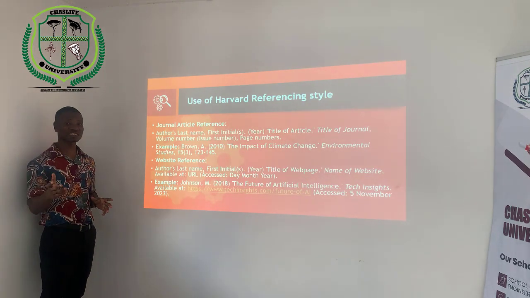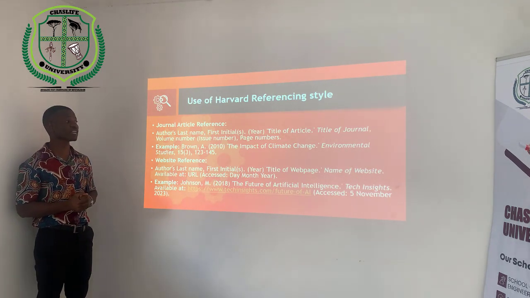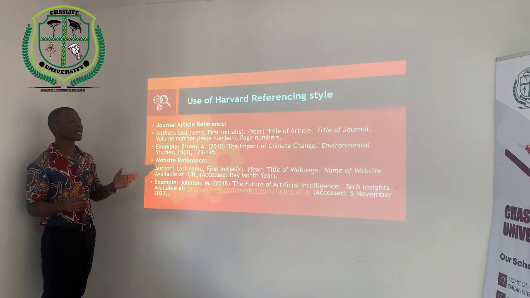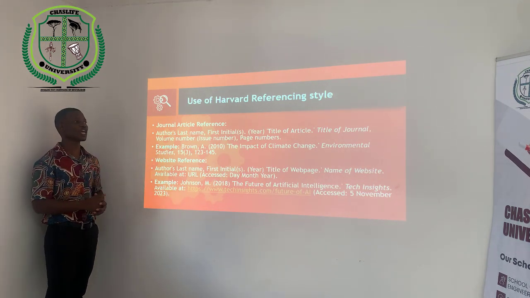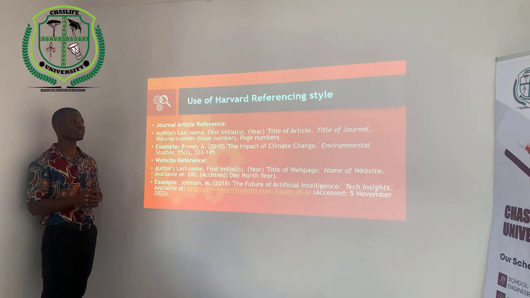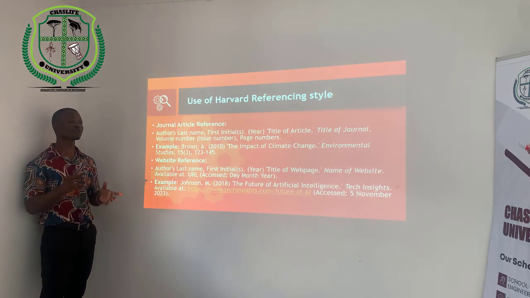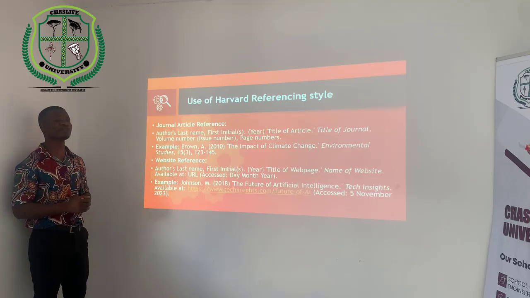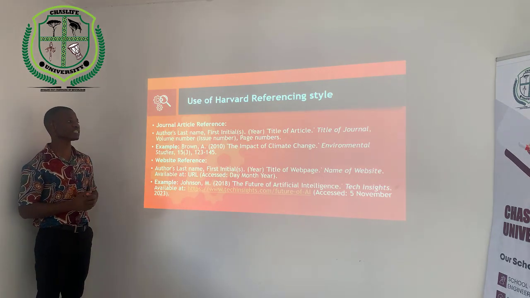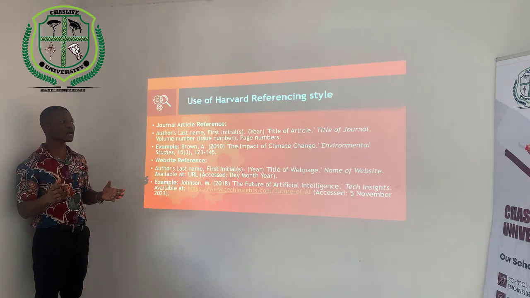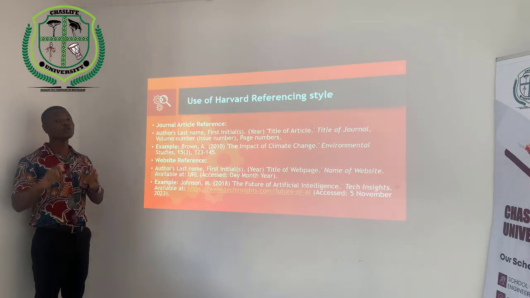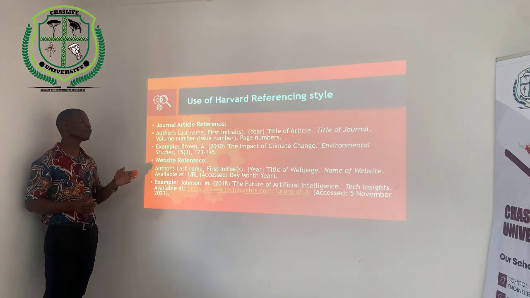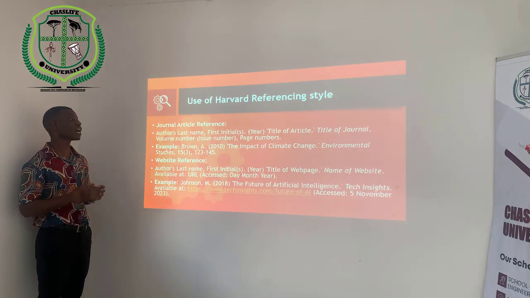Just the way I was previously giving an example, James Chafuka, so Chafuka, and then the first initial, J, and then the year, 2002. Then the title of the article, it could be Artificial Intelligence, 5th generation, and then the title of the journal, and the volume number, if it is volume 110, it will be volume 110. Issue number, and the page number, if it is page 102, you also indicate the page number. Very important when you are citing using the journal article reference.